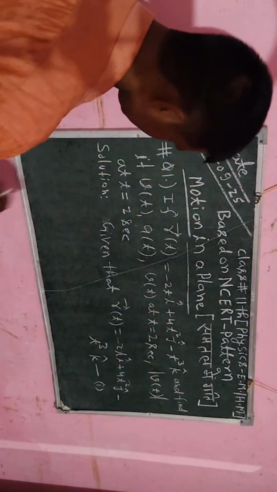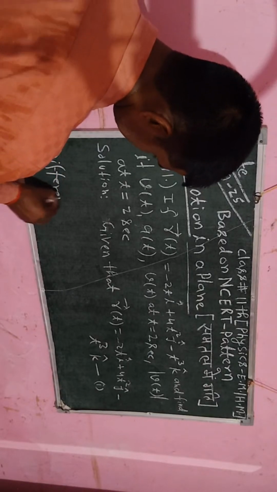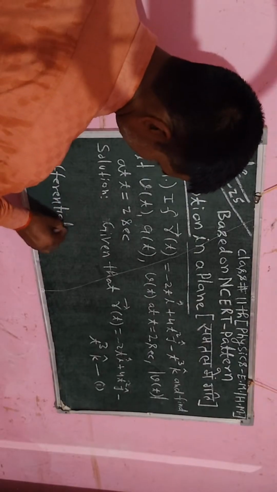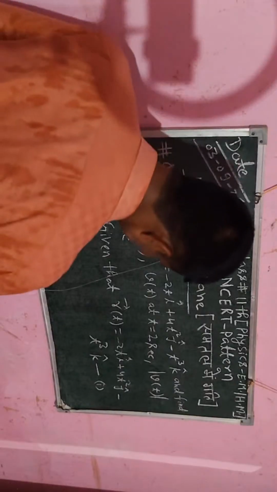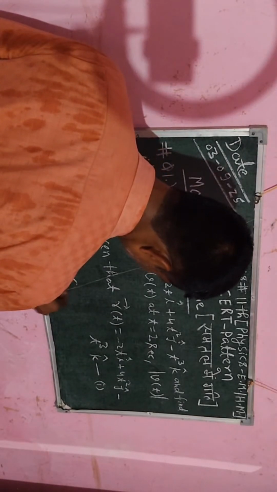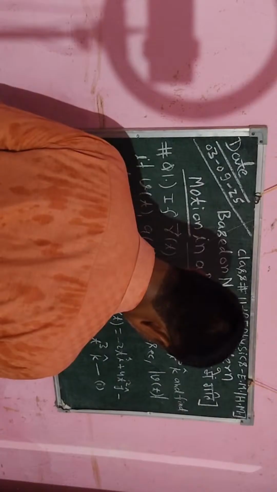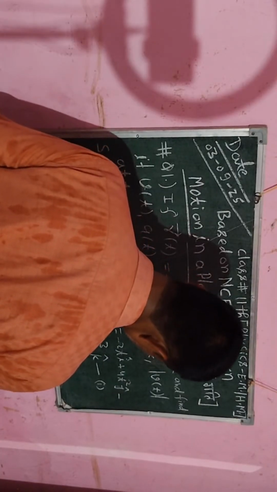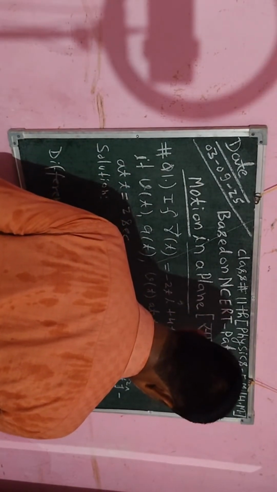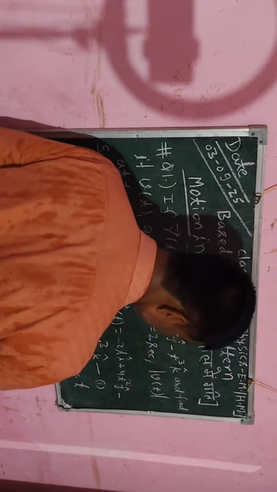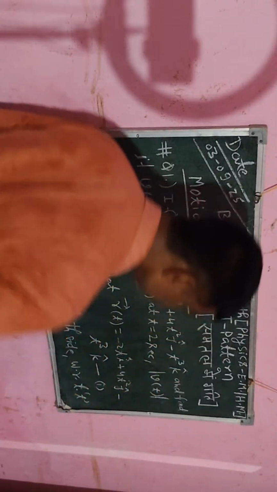That statement will be like this: differentiating equation number 1 on both sides with respect to t, and then we will get.